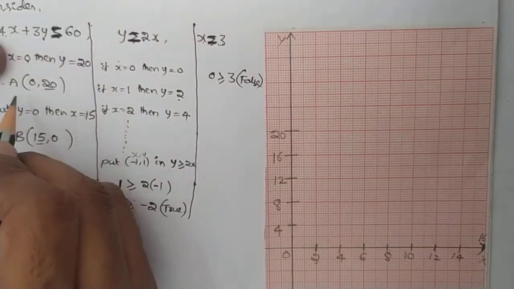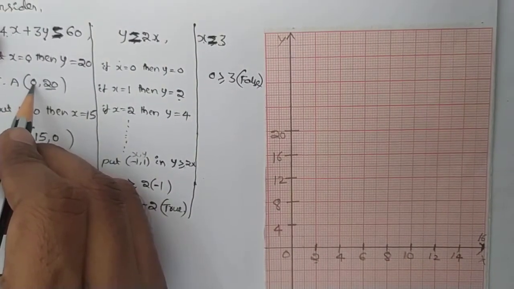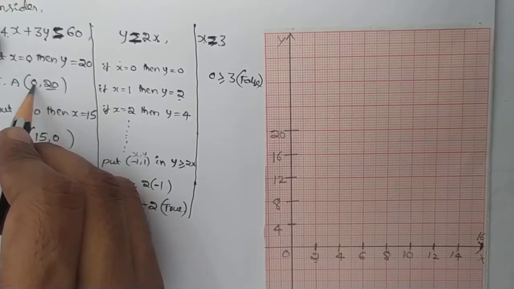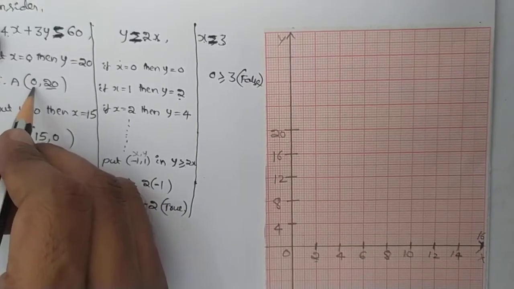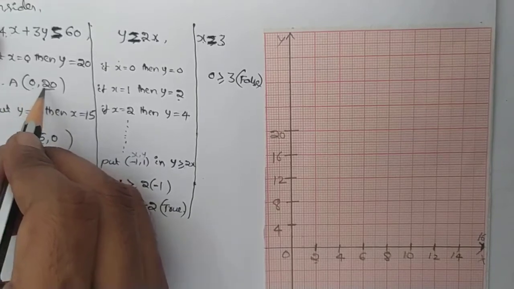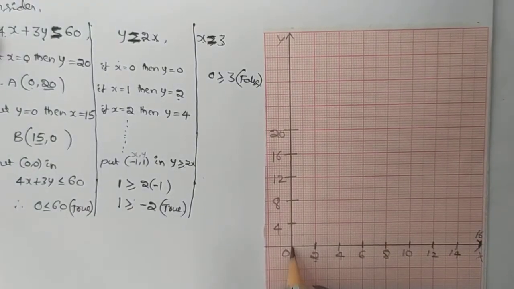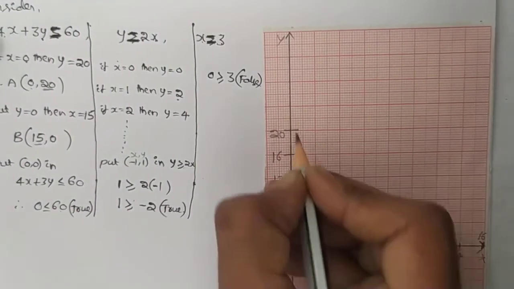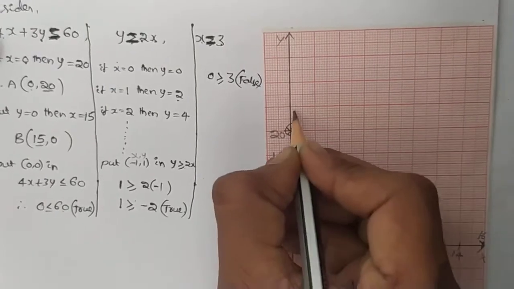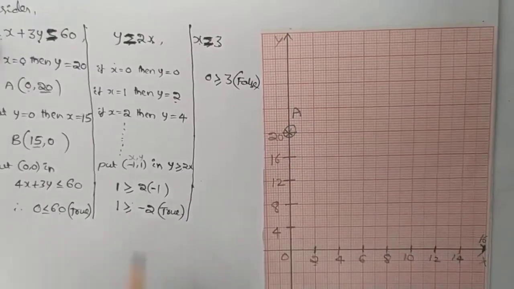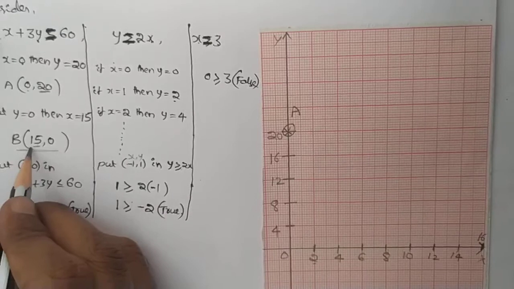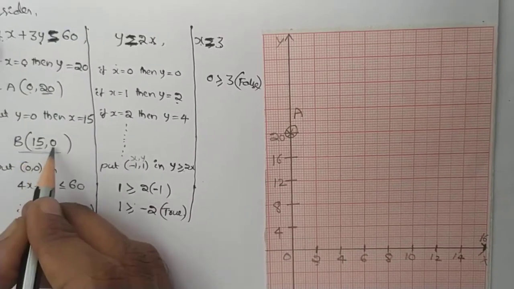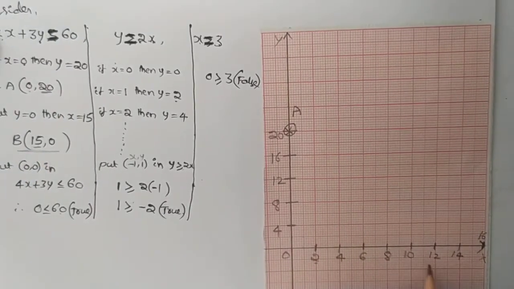Okay, now you just see the point A, 0 comma 20, x 0, y 20. It is the point A. What about the point B, 15 comma 0, x 15, y 0?